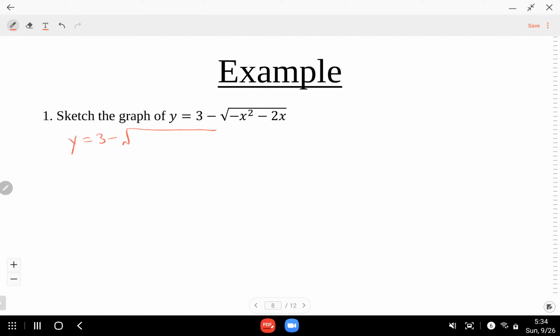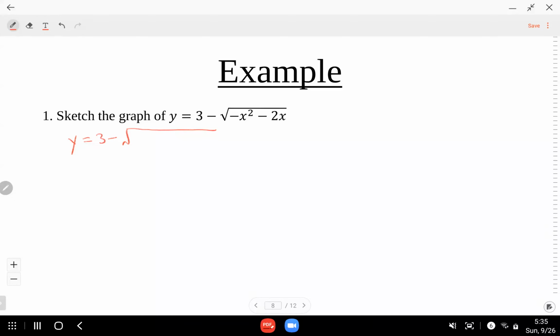Basically, what we need to do is add 1 to complete the square. But we can't just add 1. If we add 1, we have to take it off again, because we can't affect the value of the equation. So we need to add 1 and then subtract 1.